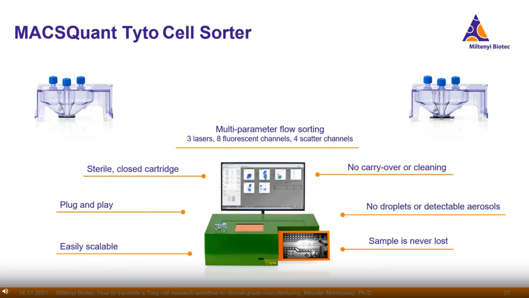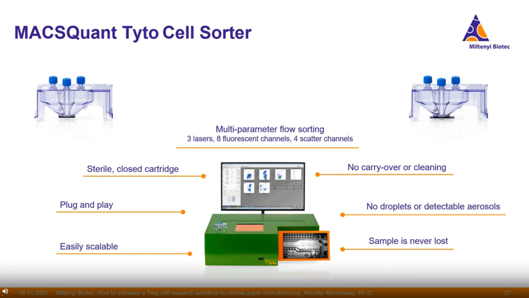As Tyto Cell Sorter is one of the very well-known devices for sorting of Tregs in the Treg therapy field, I would like to talk about it more and emphasize this device and the beneficial points and advantages of the device that you can use in your workflow.